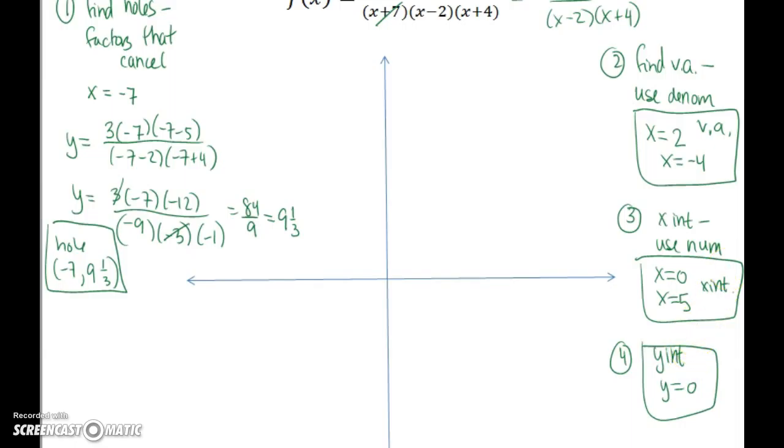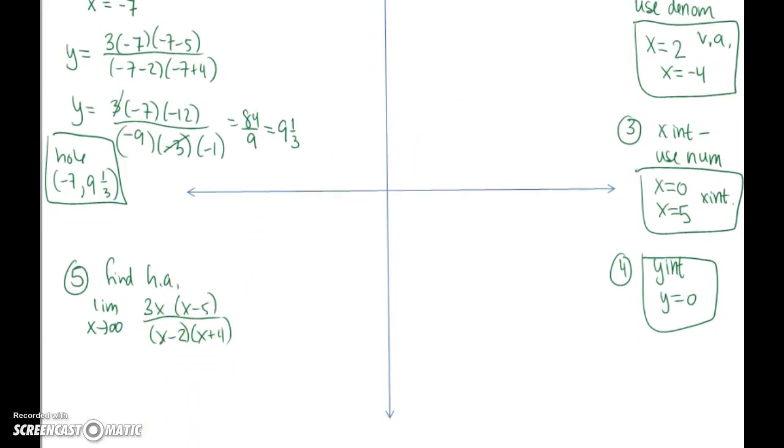And then finally, we want to find our horizontal asymptotes. To find the horizontal asymptote, you find the limit as x approaches infinity for our function, 3x times x minus 5 over x minus 2 times x plus 4. How do we find the limit as x approaches infinity?